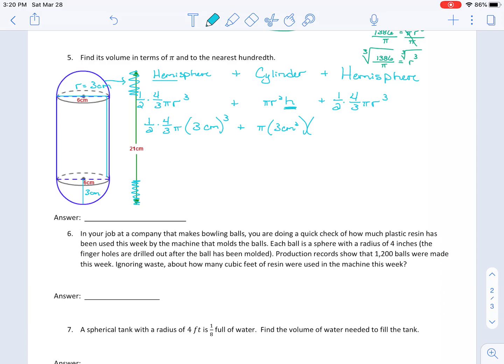So that means this height that we're trying to find is the whole length minus the 3 centimeter radius on top minus the 3 centimeter radius on bottom, which gets me 15. And then I have the bottom hemisphere, just need the radius. We already said the radius was 3.